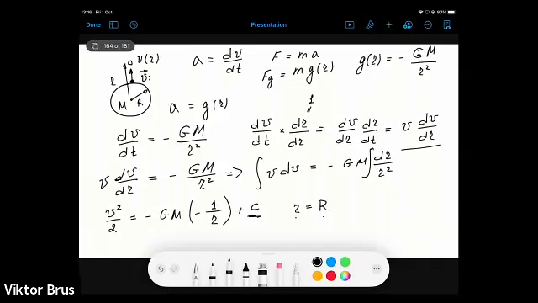From the left side, we have V. So at the initial condition, when we launch this projectile from the surface of the Earth, velocity V is equal to the initial velocity, V initial. So these are our boundary conditions. We can apply them and determine the constant of integration. Let us do it on the next slide.